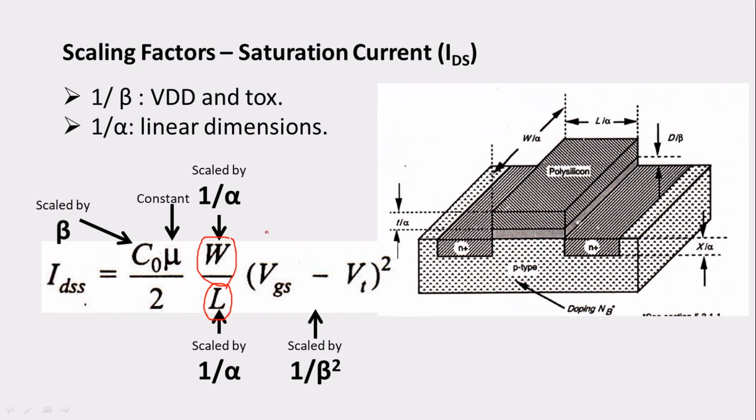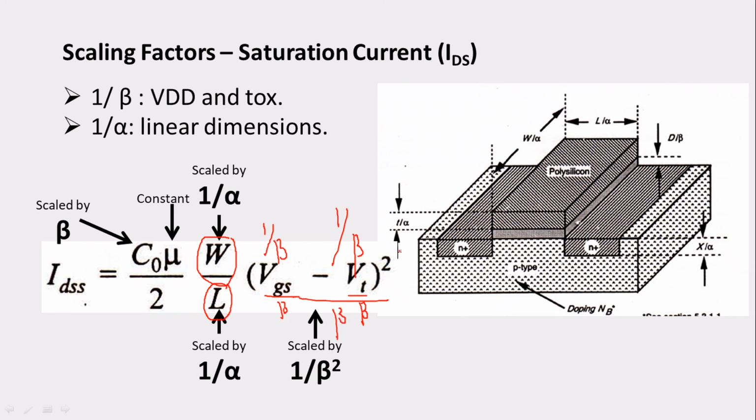Now VGS is scaled down by a factor of 1 by beta, and VT is also scaled by a factor of 1 by beta. So VGS minus VT as a whole is divided by beta.